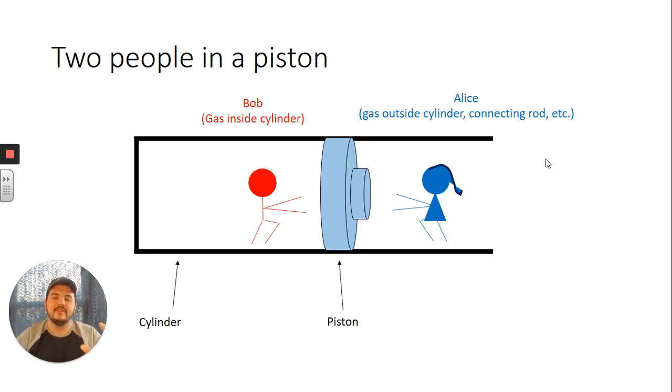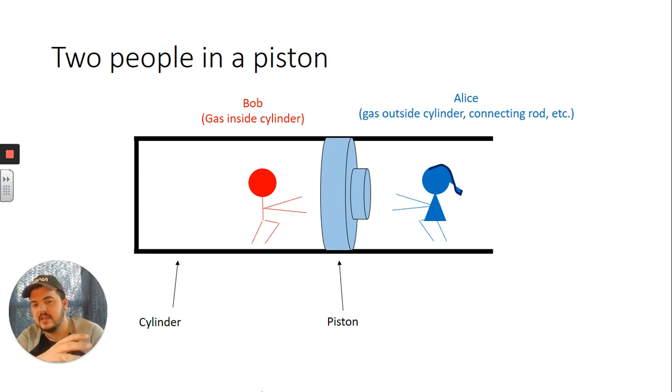So I want to start by looking at people pushing on the piston inside and outside of the cylinder. And those people are going to be an analogy for the gases that are involved, maybe that connecting rod. And so we've got the cylinder here. The outer part is the cylinder. And we have this piston here. And we've got this person, Bob, inside of the cylinder. He's going to represent the gas in the cylinder.